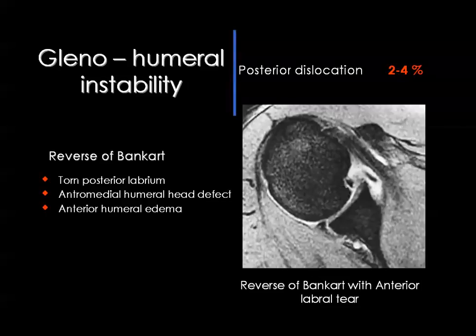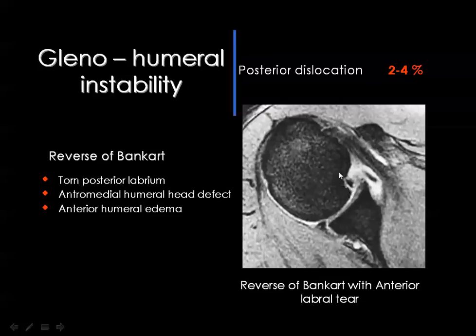Then the posterior dislocation represents about 2 to 4% of shoulder instability, and this means that there will be a tear in the posterior labrum, displacement of the humeral head posteriorly, and you get the reverse of the Hill-Sachs. You remember the Hill-Sachs is in the posterolateral aspect of the humeral head, and this is in the anteromedial aspect of the humeral head.